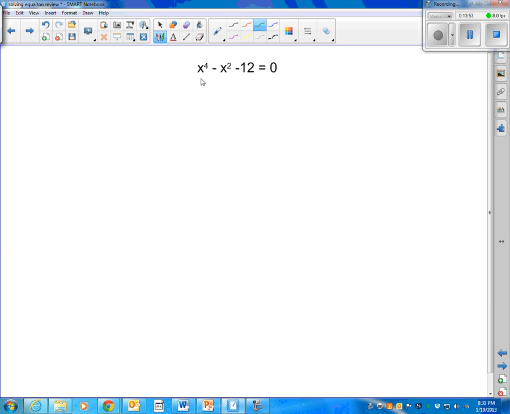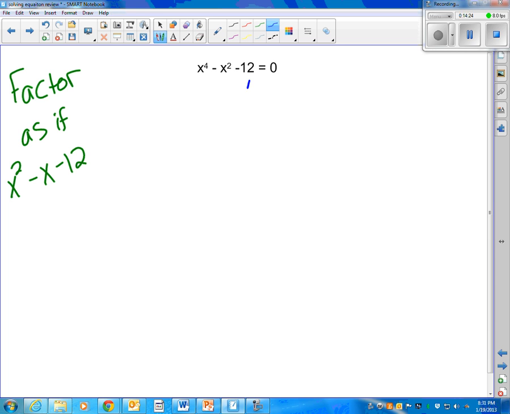Okay, there's one more problem to go over. Not that one, this one. x to the 4th minus x squared minus 12. So what do I do when I have the 4th power? Can't isolate the variable. Our next step is to look at factor. I'm going to factor using the shortcut just as if it was x squared minus x minus 12.